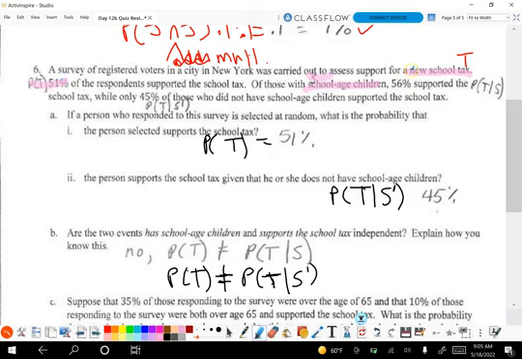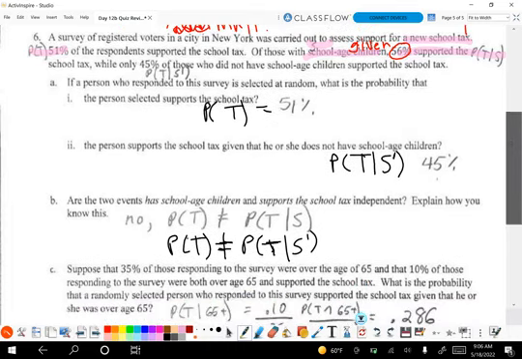The probability of supporting the tax given that you have school-age children, because it says of those with school-age children. That's the same thing as saying given. Given is a conditional, so 56% is going to be the probability of supporting the tax given that you have a school-age child.